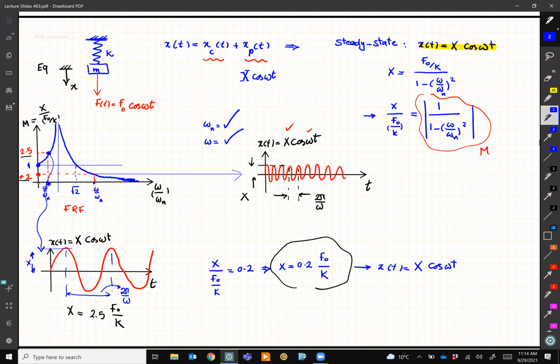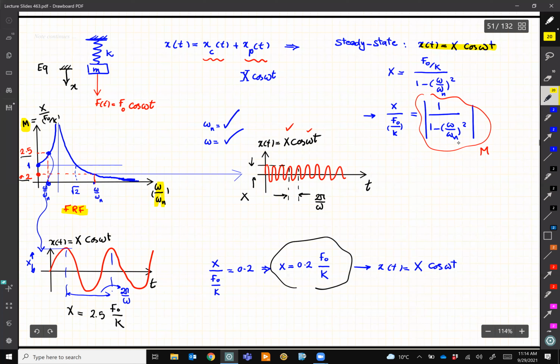Okay. So again, this is the frequency response. There is no talk about time. It is omega over omega n. And this is what we call the magnification factor. What is a magnification factor? It is 1 over 1 minus omega over omega n squared.